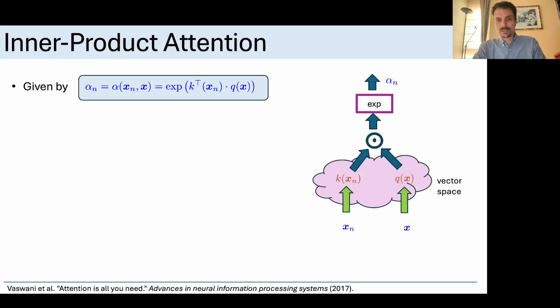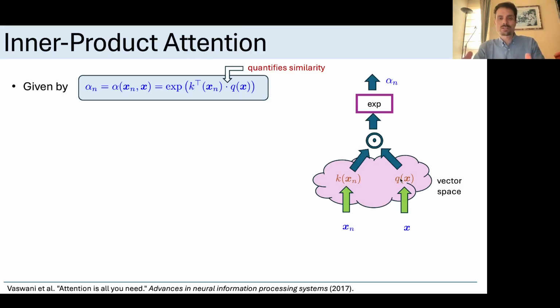So let's see this with a picture. Here we have that the input vectors are xn and x as before, and these vectors are mapped into a vector space by means of these two functions k and q. And in this vector space, similarity is quantified by the inner product.